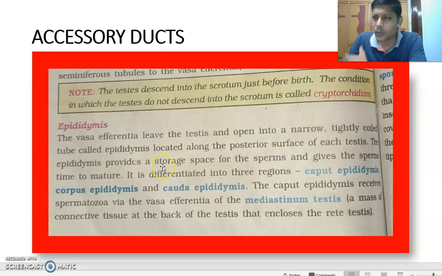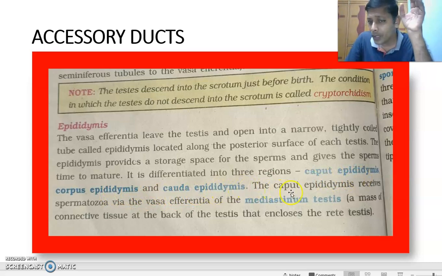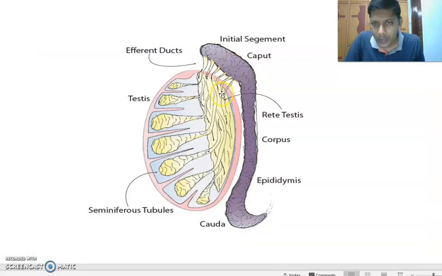The epididymis provides storage space for the sperms and gives the sperms time to mature. It is a storehouse for the sperms. It is differentiated into three regions called the caput epididymis, corpus epididymis, and cauda epididymis. The caput epididymis receives spermatozoa via the vasa efferentia.